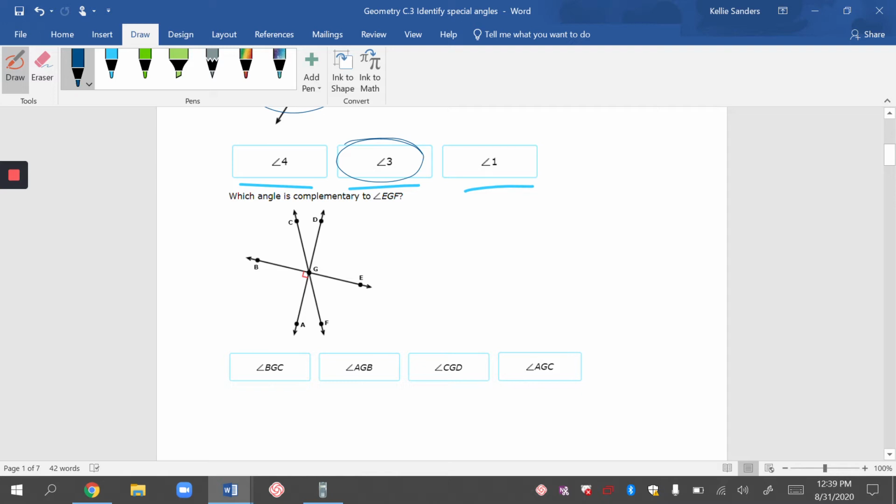Okay. What angle is complementary to angle EGF? So let's find EGF. EGF is right here. Complement is 90 degrees. So this angle right here would make this 90-degree angle. This angle right here is angle FGA. Remember, the vertex has to always be in the middle.